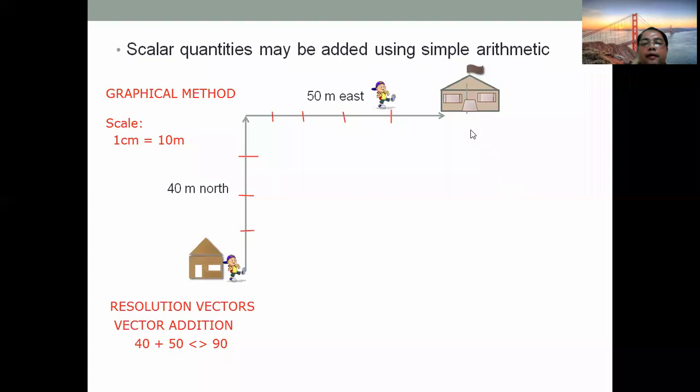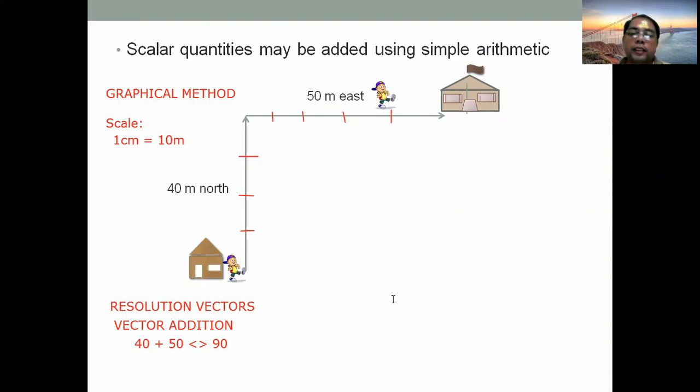So in the next leg, we know the answer from their house to the school, that's the displacement, and the distance. We already know it. From the house to the school, that will be 40 plus 50, which will give you your distance.